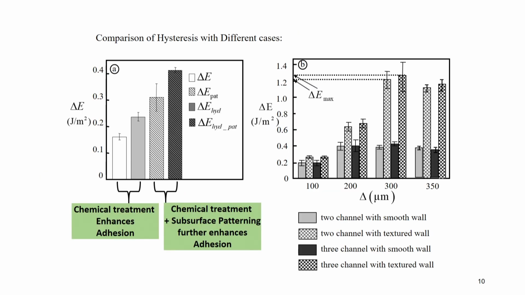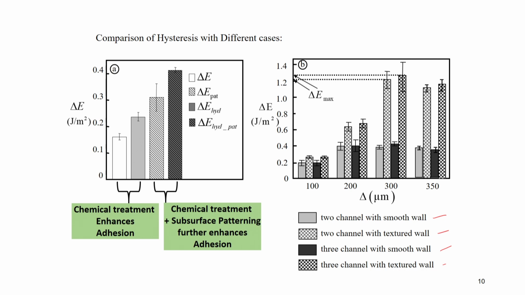So we can have this comparison of hysteresis for these different cases. For example, channels with smooth wall are represented by 2 channels with smooth wall, 2 with textured wall, 3 channels with smooth wall and 3 channels with textured wall, with respect to delta, the depth of indentation.